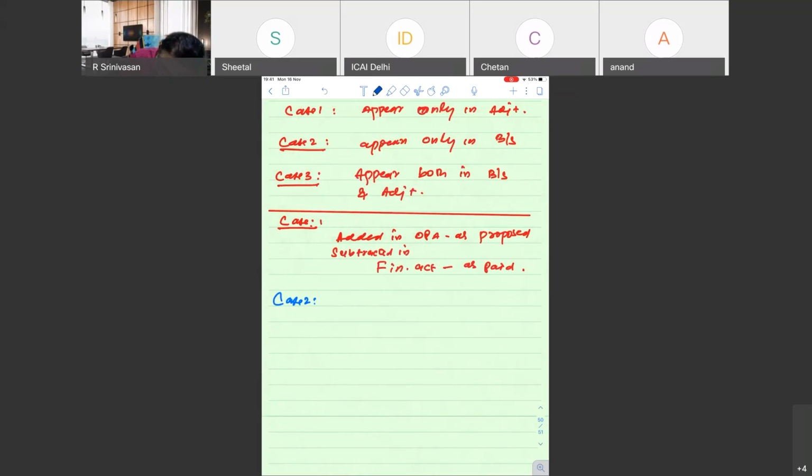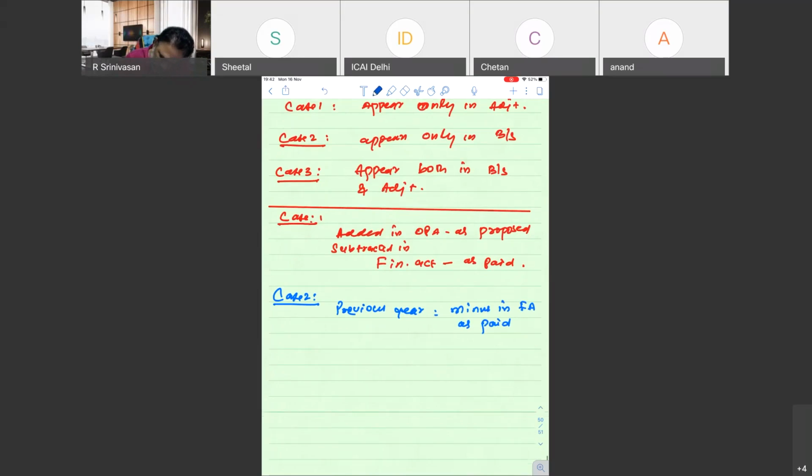Case 2. Previous year: subtract, minus in financing activities as paid, dividend paid.